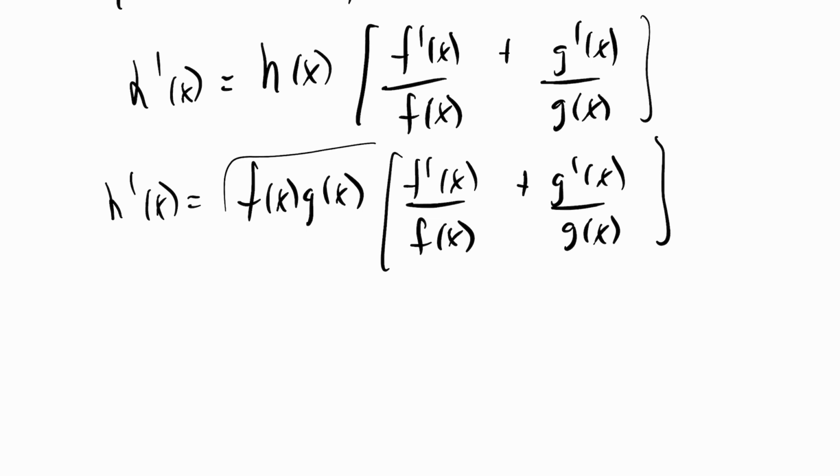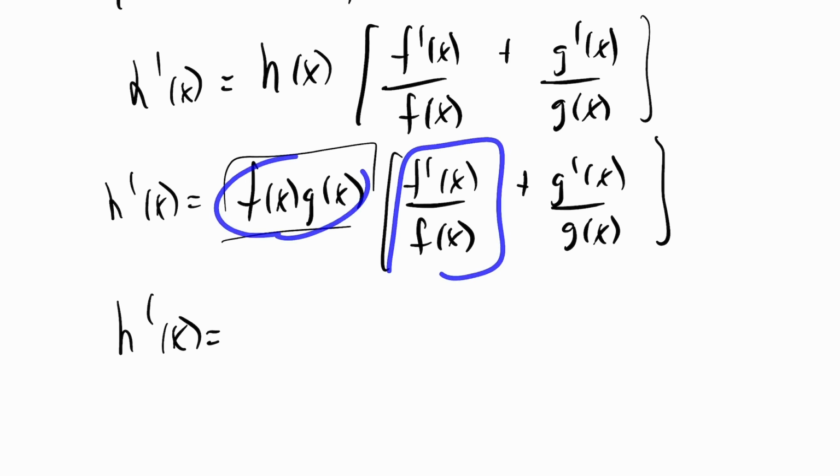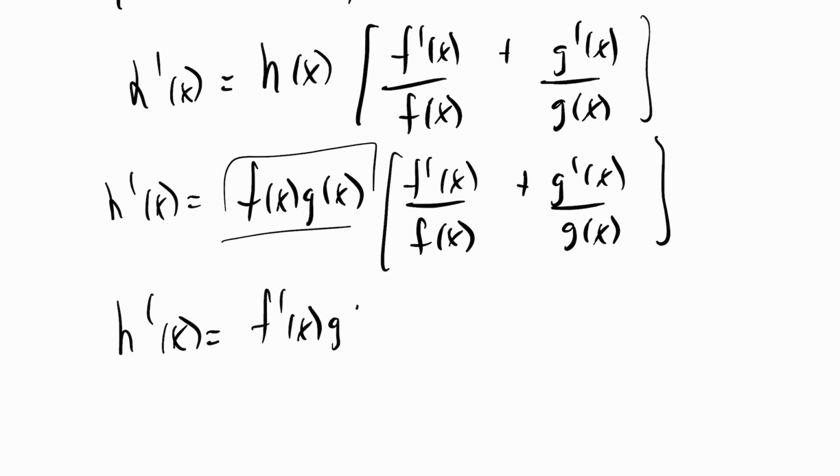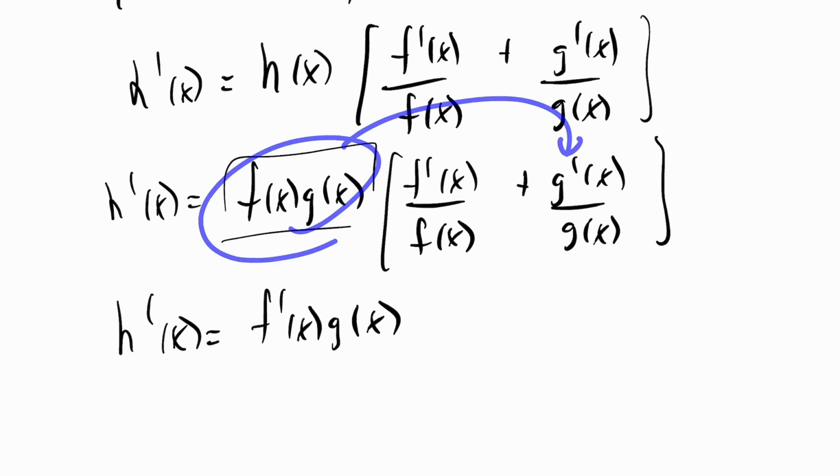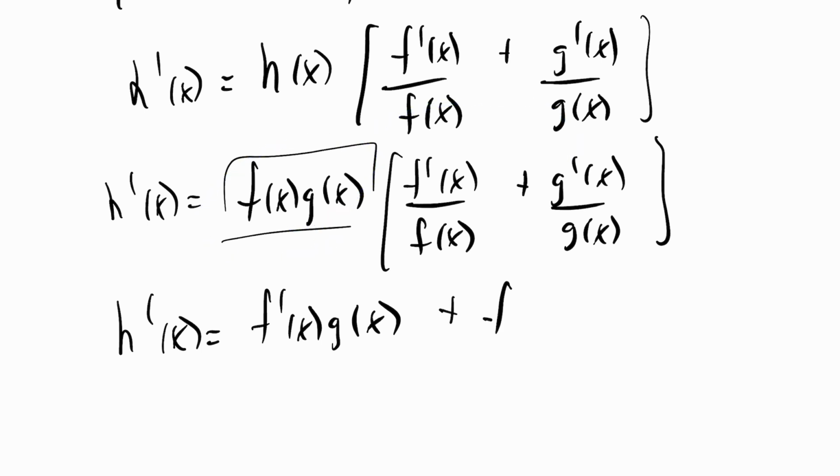I can go ahead and distribute this product into the fraction, and I end up getting h prime at x is going to equal, you'll notice when I distribute this into my first term, the f at x will cancel, and I'll get exactly f prime at x times g at x. And likewise, when I distribute this into the second term, the g at x will cancel, and I get f at x times g prime at x.